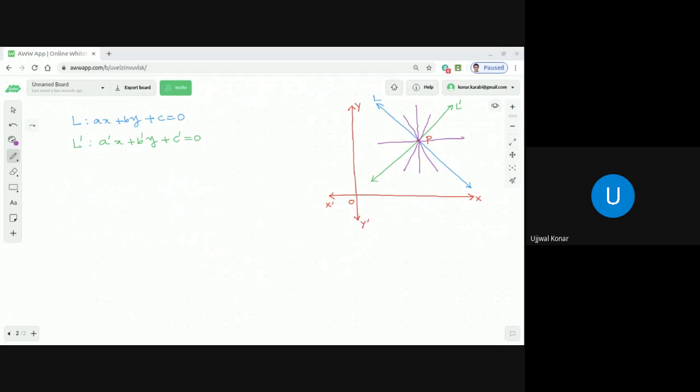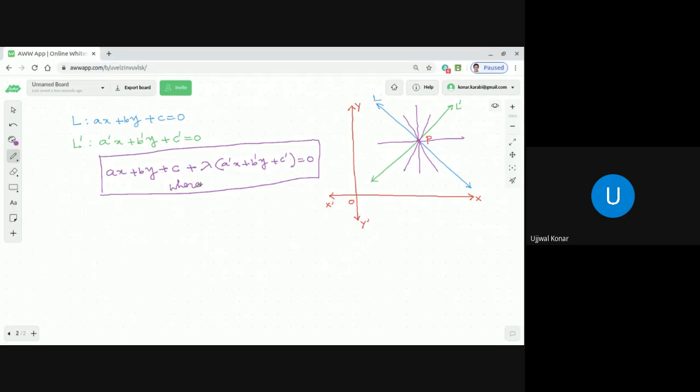The equation of that straight line passing through the point of intersection is ax plus by plus c plus lambda into (a dash x plus b dash y plus c dash) is equal to 0. This is the equation of a straight line passing through the point of intersection of ax plus by plus c equal to 0 and a dash x plus b dash y plus c dash equal to 0, where lambda belongs to the set of real numbers.